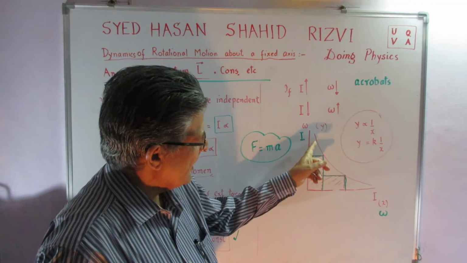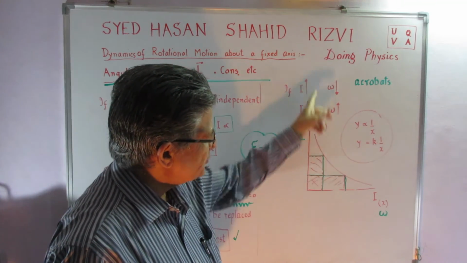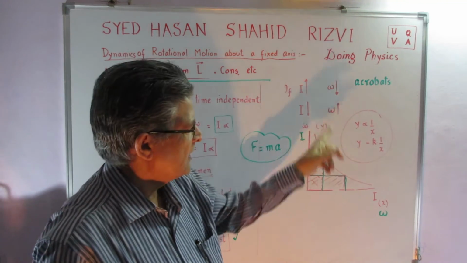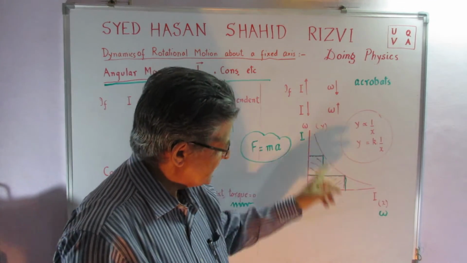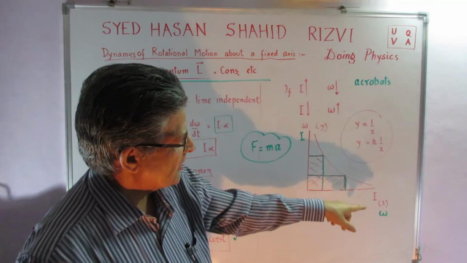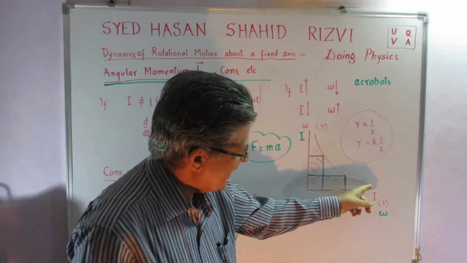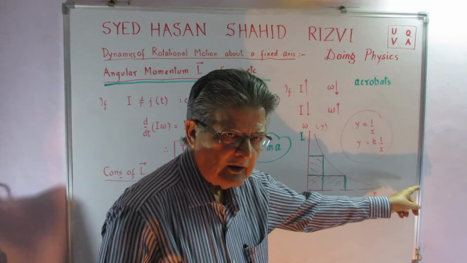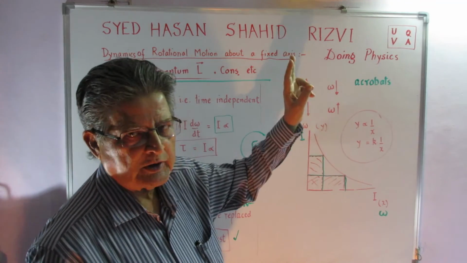Of course, these approach infinity. In y proportional to x, y is equal to k into 1 upon x. If y is plotted against x, then we get a graph which asymptotically reaches 0 here and infinity over here.